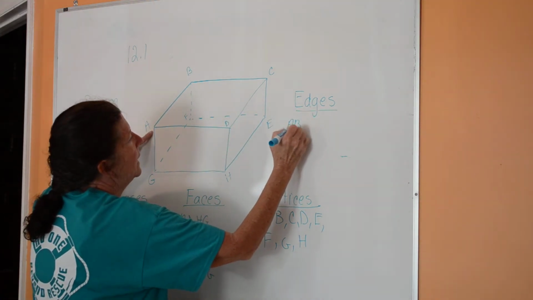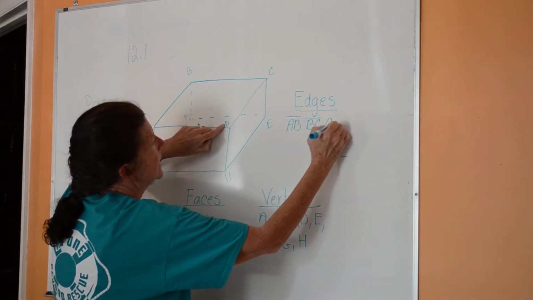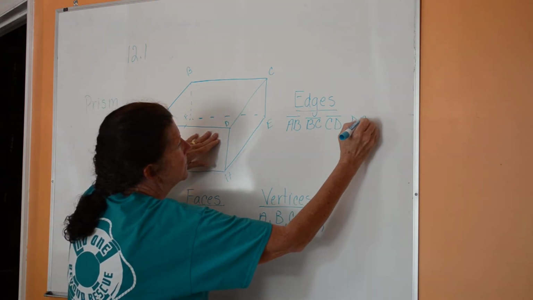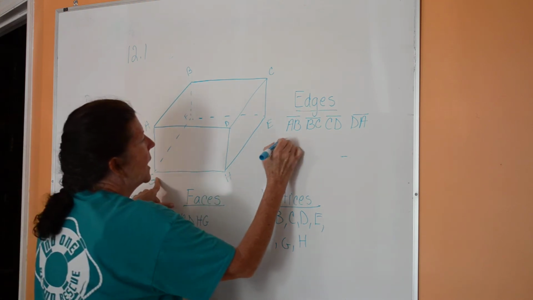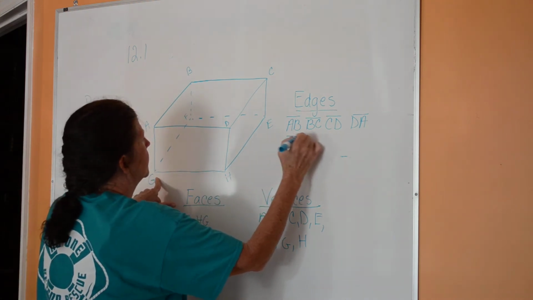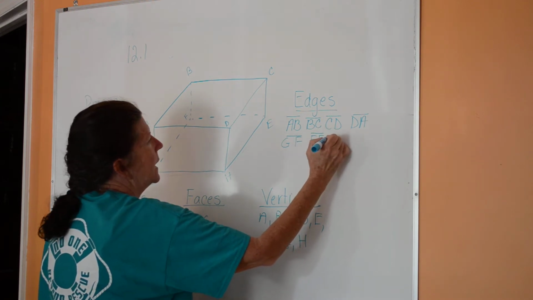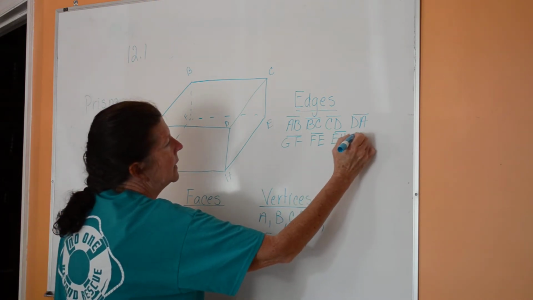So AB, BC, CD, and DA. There's going to be a bunch of these. And then if I want to do the bottom, I've got GF, FE, EH, and EG.